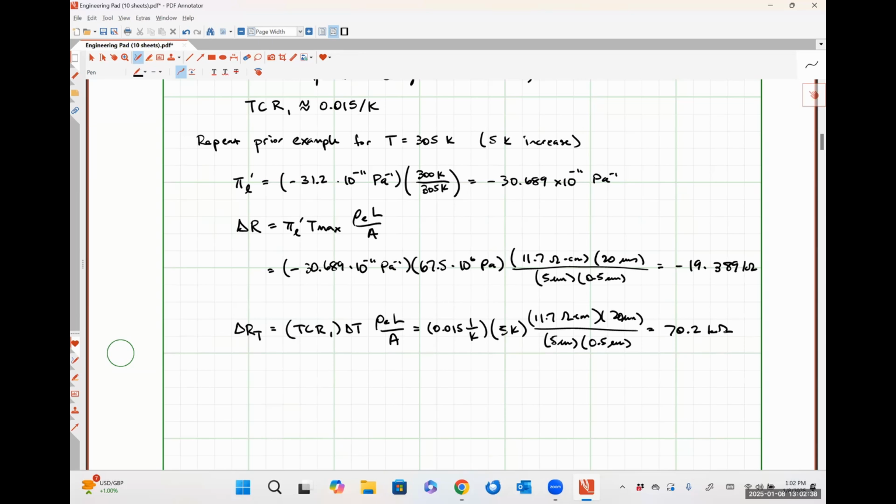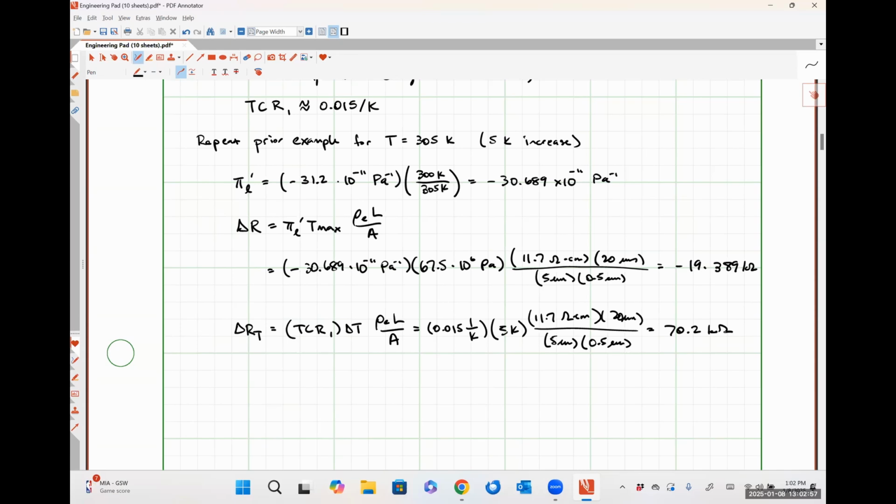70.2 kiloohms. So roughly, the change in resistance due to the change in resistivity is roughly 3 times larger than the change in resistance due to the piezo-resistive effect.